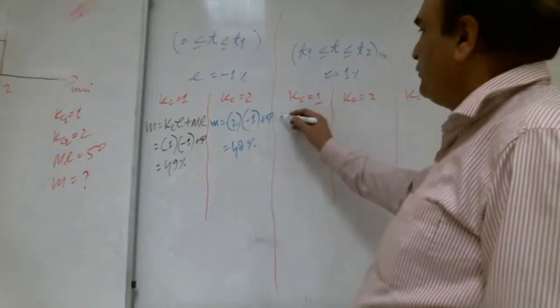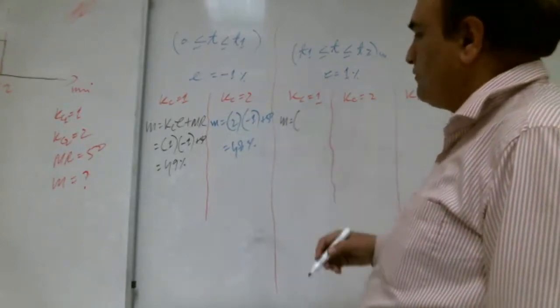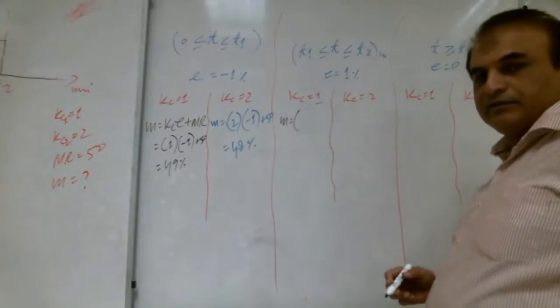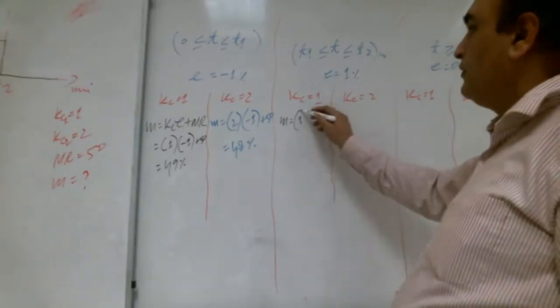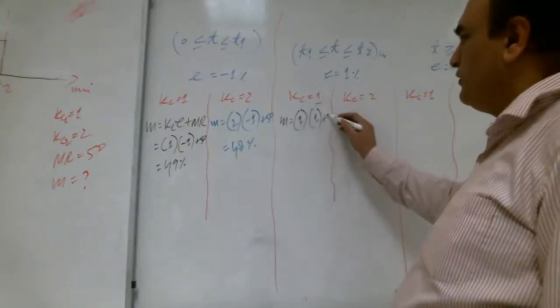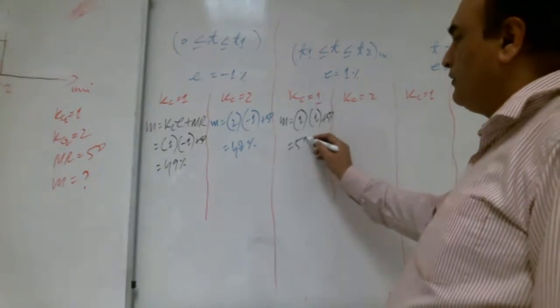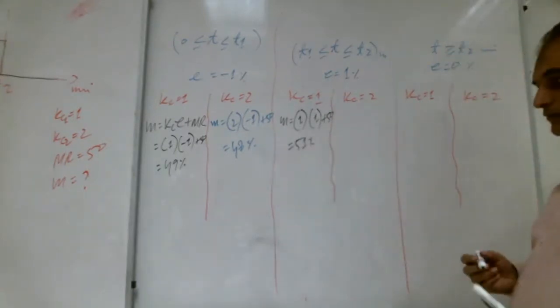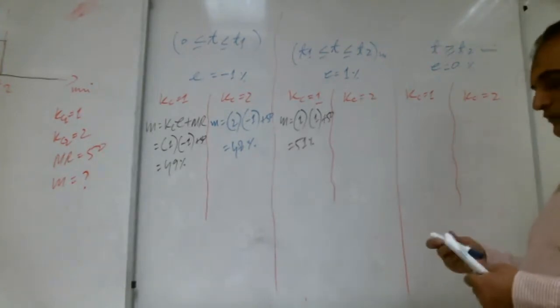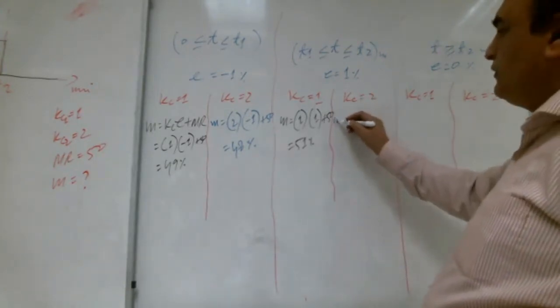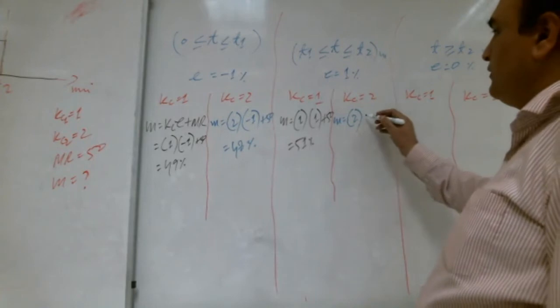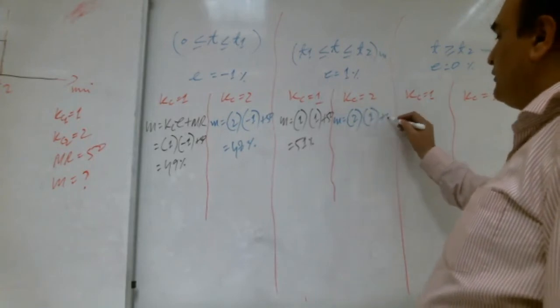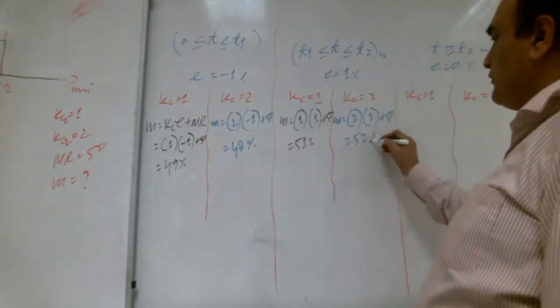How much here? KC1 is 1, error plus 50 will be 51%. How much here? KC2 is 2, and 1 plus 50 will be 52%.